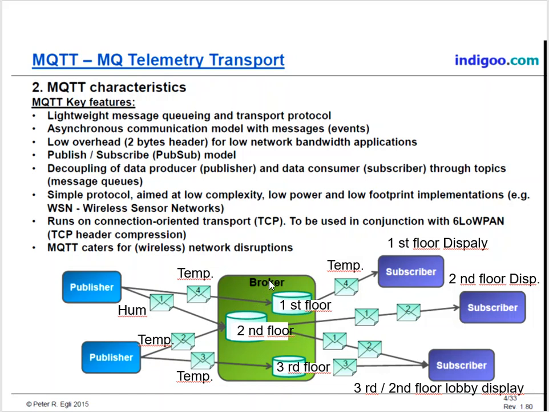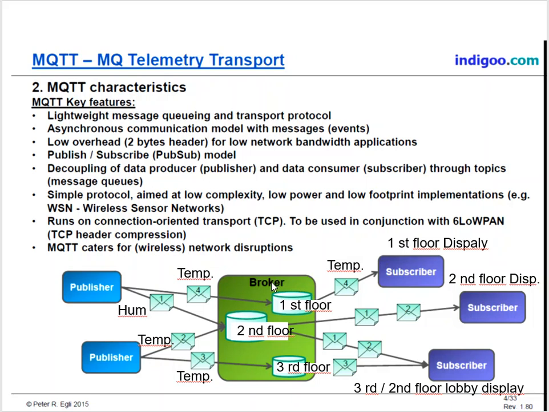Each message will have a topic which defines what category that message belongs to. With that categorization, we are able to pick from the broker those messages that we would like to get to our subscriber.